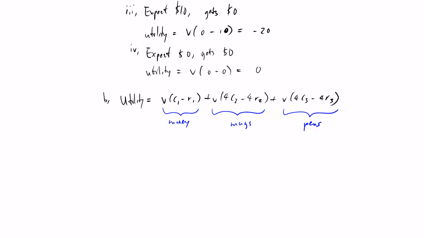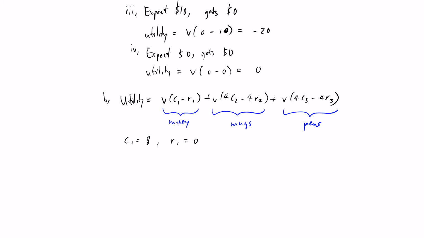What this says is that C1 equals 8, and R1 is 0. So he's getting money that he does not expect to get.